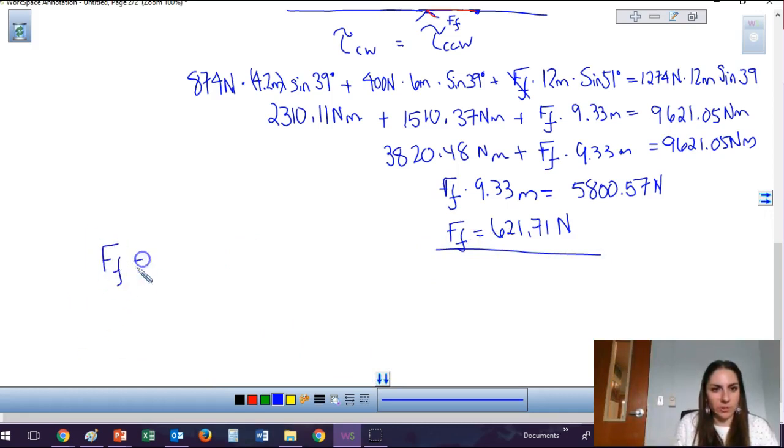But force of friction is equal to force normal times mu. So the force of friction is 621.71 newtons, and the normal force is the 1274 newtons that we got earlier.